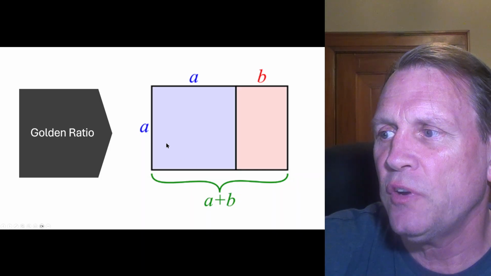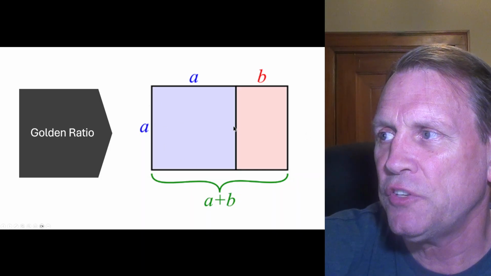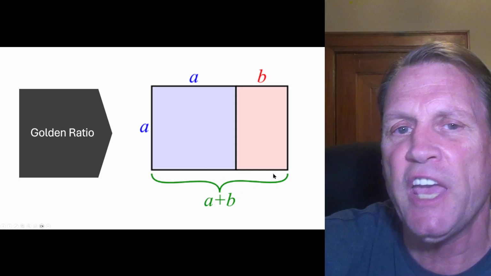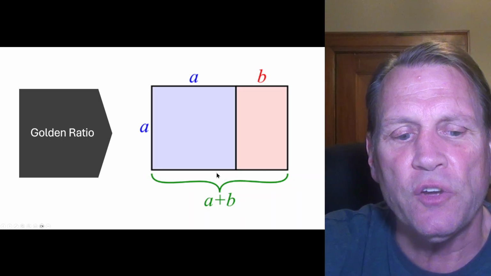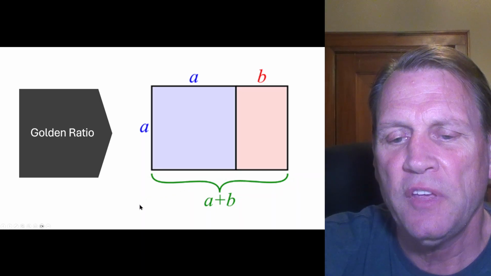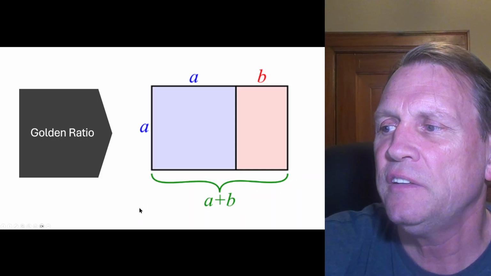A is the shorter of the 2 sides, and the length is given by A plus B. And if you actually calculate the ratio, it always comes out to be the same, 1.618.